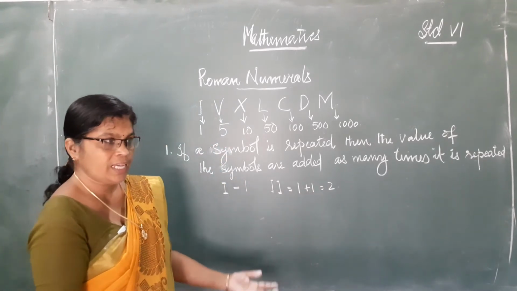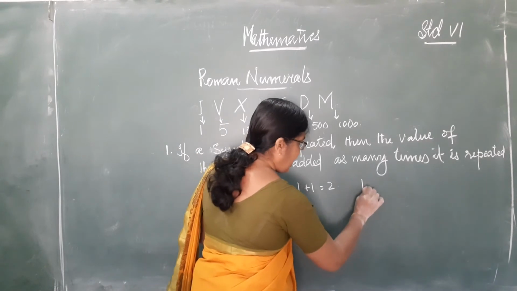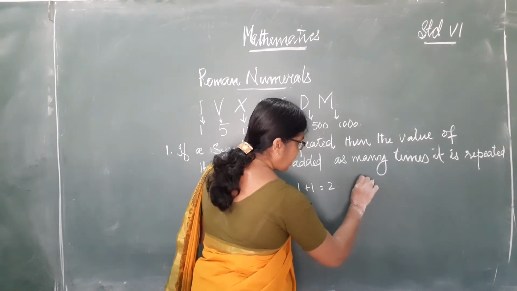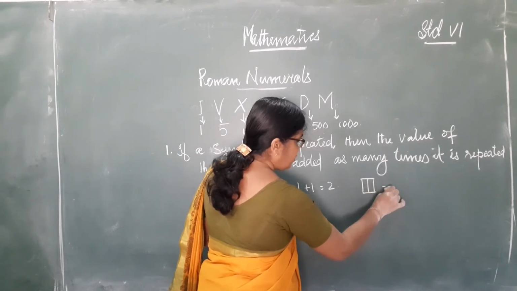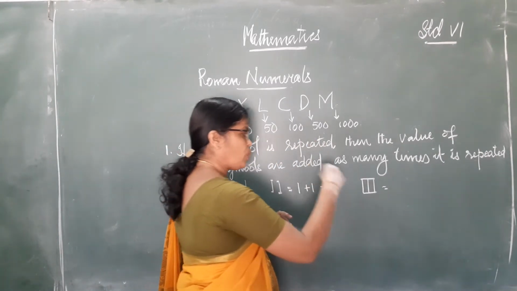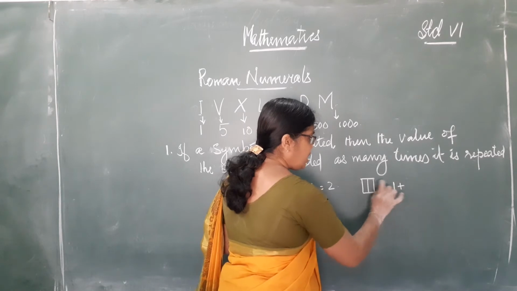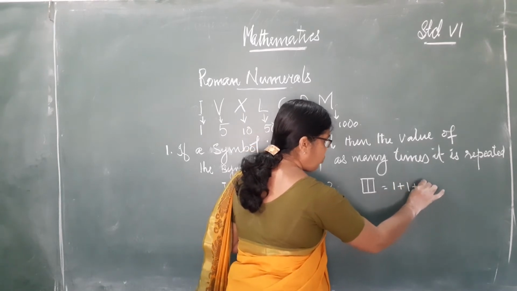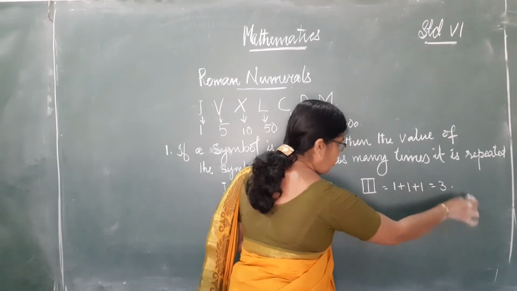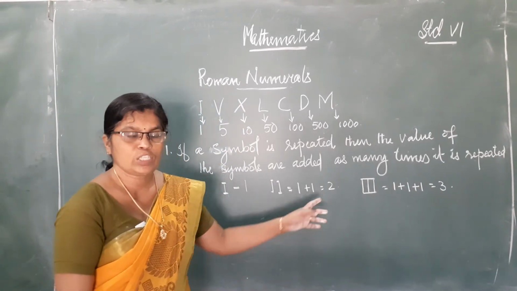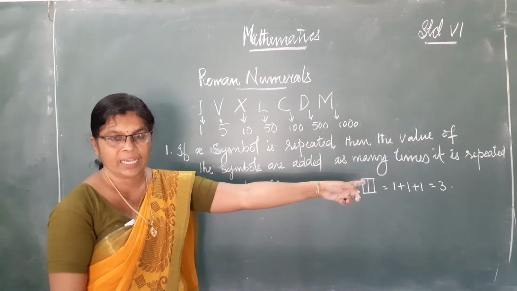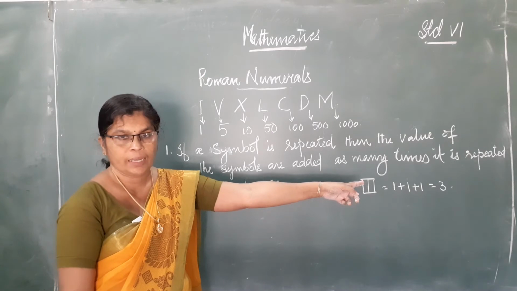Similarly, if we write I three times, then we have to add the symbols, that is 1 plus 1 plus 1 is equal to 3. This way we have to add and write the value of the number.